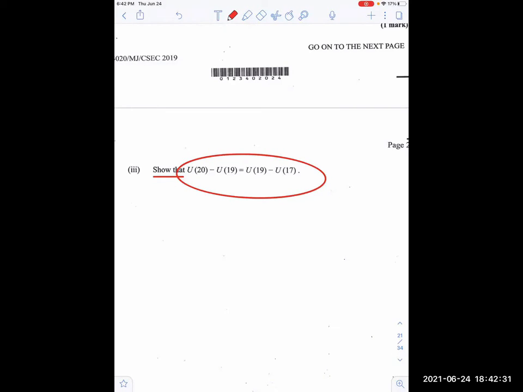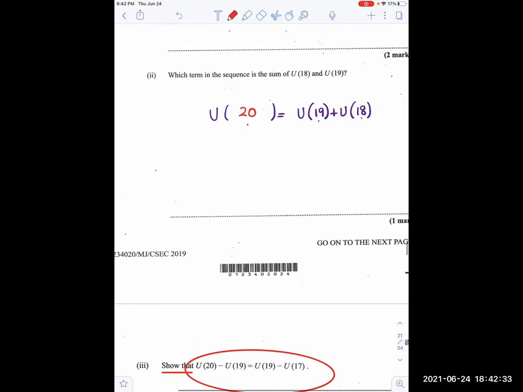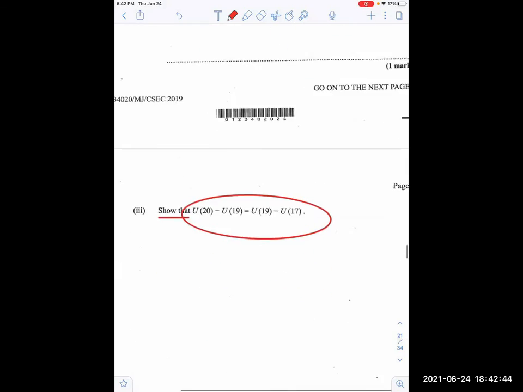So let me go back, right? Let's go back. U20 is the sum of U19 and U18. That is what we know. So we write that. U20 is equal to U19 plus U18. Yes?